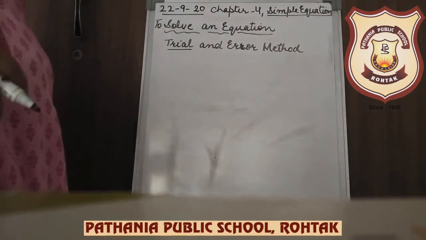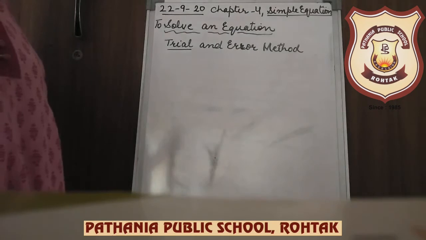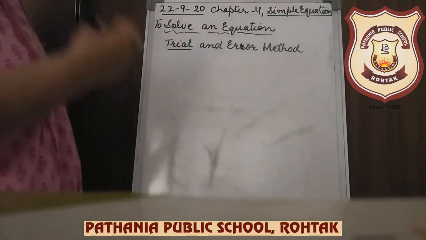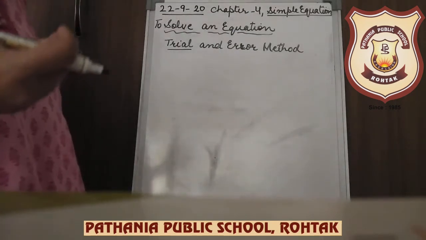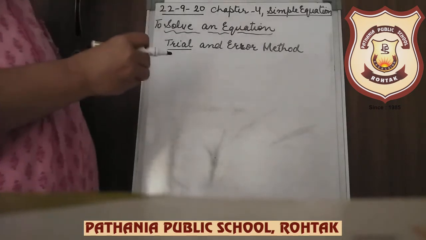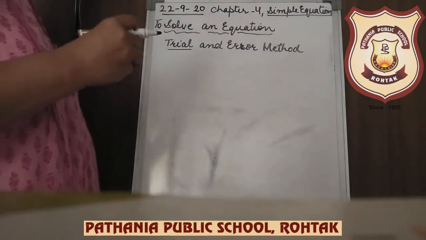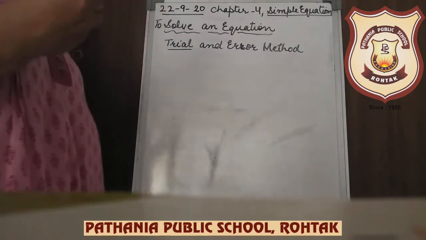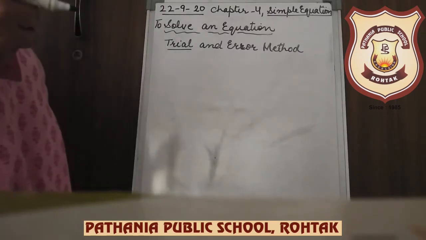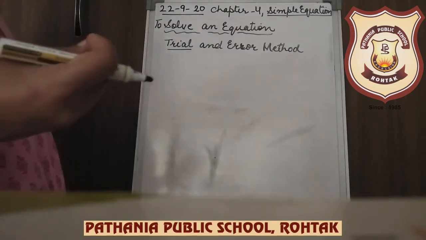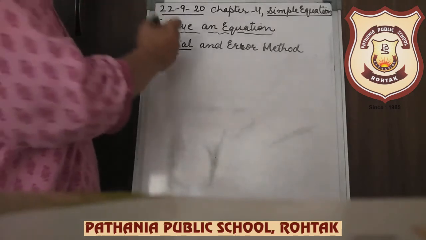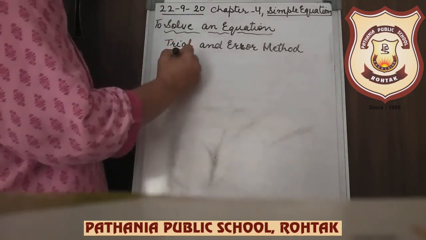Trial means you have to take certain values for the variable, substitute them in the equation, and then see whether the left hand side is coming equal to the right hand side. So trial means try.